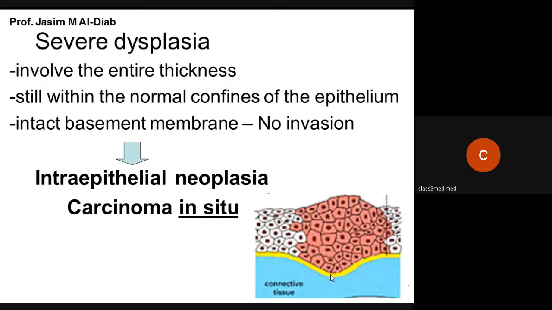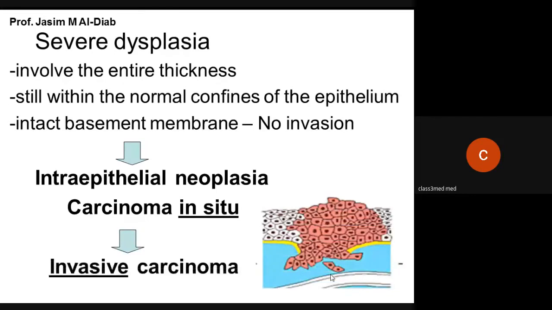Okay? Always there is evidence that this carcinoma in situ or intraepithelial neoplasia will change to invasive carcinoma once the basement membrane is invaded. Once the basement membrane is destroyed, breached, broken, invaded by the tumor cells, we call it invasive carcinoma.